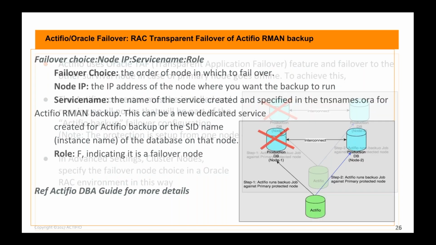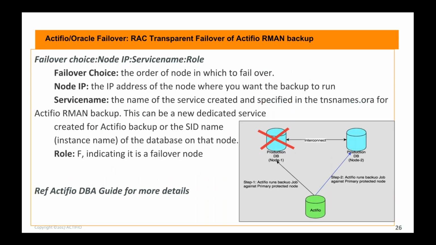If you remember the advanced settings I showed you as part of the protection process, like username, password, role, Oracle service name, in the same screen you have this failover choice, node IP, and service name. You provide the failover choice node IP, to which node you want to fail over, and just save the changes. So whenever the situation comes, we automatically fail over to node 2 and continue the backup.